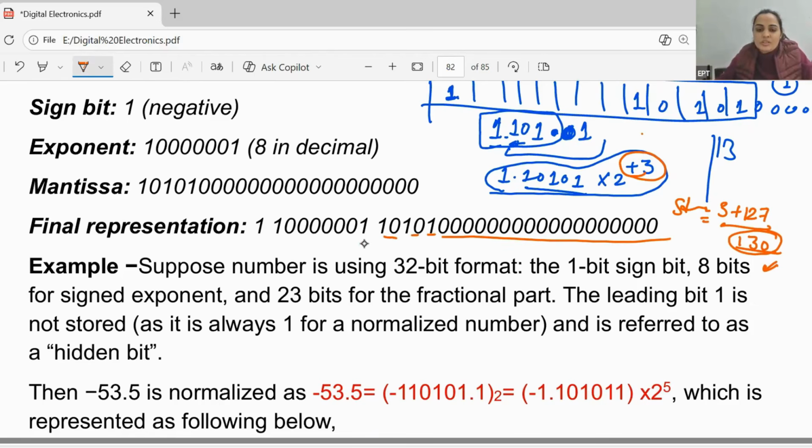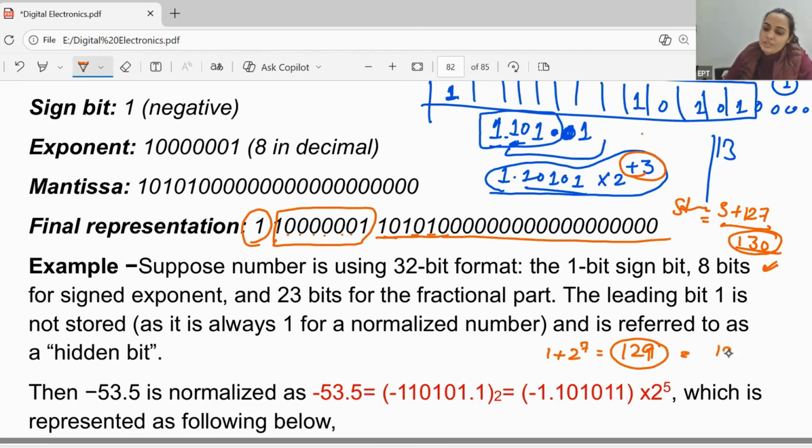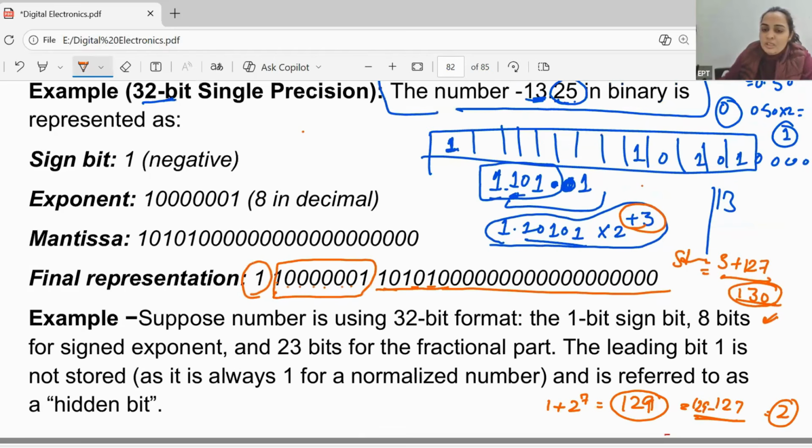This is for the sign. Now let's calculate: 1 plus, counting 1 2 3 4 5 6 7, 2 raised to power 7, so 128 plus 1 is 129. Then 127 minus 129 would be the actual exponent, this value is 2, and here I am getting this value as 3.